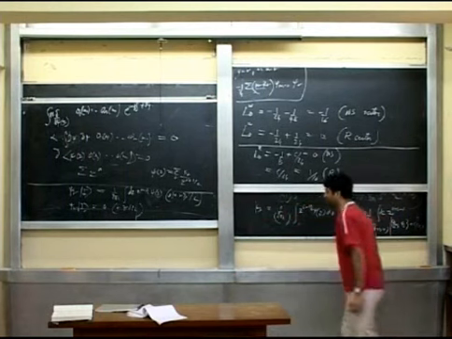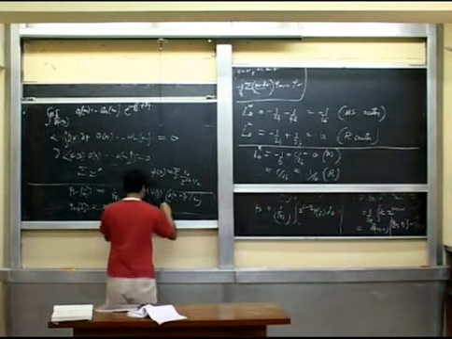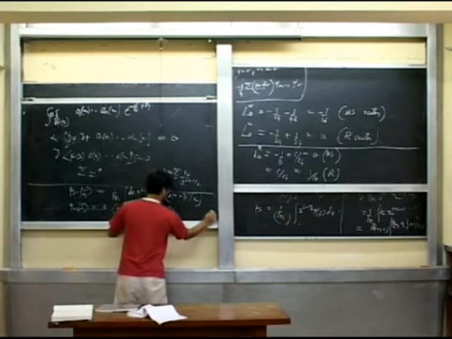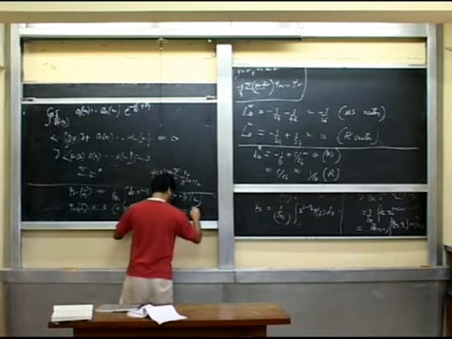So we've deduced that the identity operator is equal to the NS vacuum.